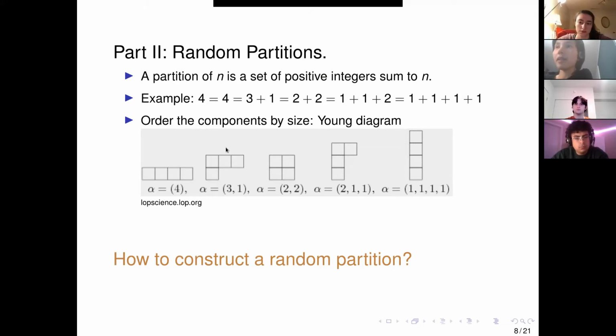The convention is that you put the heaviest part first, so it's a certain ordering. You always write 3 plus 1 instead of 1 plus 3, and you represent it by a diagram where the top row has 3 boxes and the bottom has 1. Instead of writing 1 plus 1 plus 2, I'm going to write 2, 1, 1, and that corresponds to this picture here.